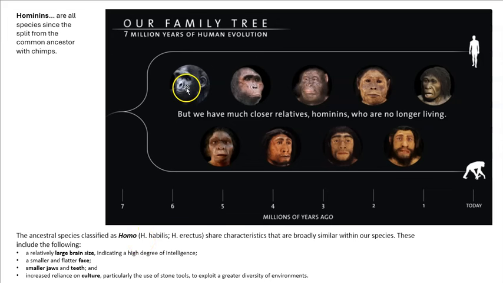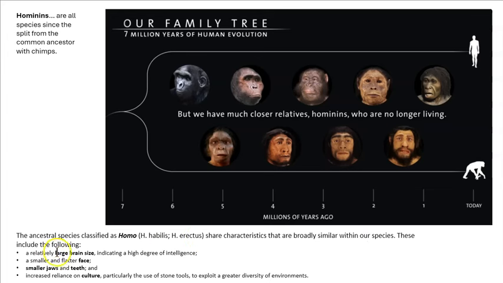Now, at some point in that evolutionary path, we're going to start to call those ancestors Homo. So they would be human ancestors. And the examples of this group would be Homo habilis and Homo erectus. And then we ourselves are called Homo sapiens. And there are some characteristics that all of the groups share.